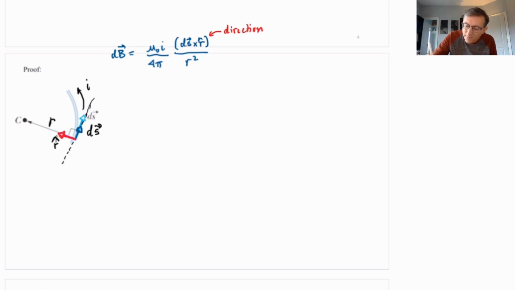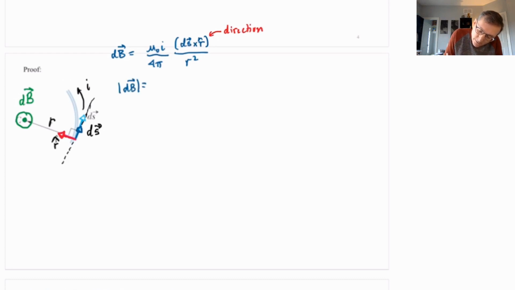So that means the dB at point C is coming out of the screen towards us. Draw the dot encircled at point C, and don't draw it anywhere else, because that's where we're finding the field. That's going to be true for every little ds in the arc, that the dB at point C will be coming out of the screen. So now we just focus on the magnitude of dB.